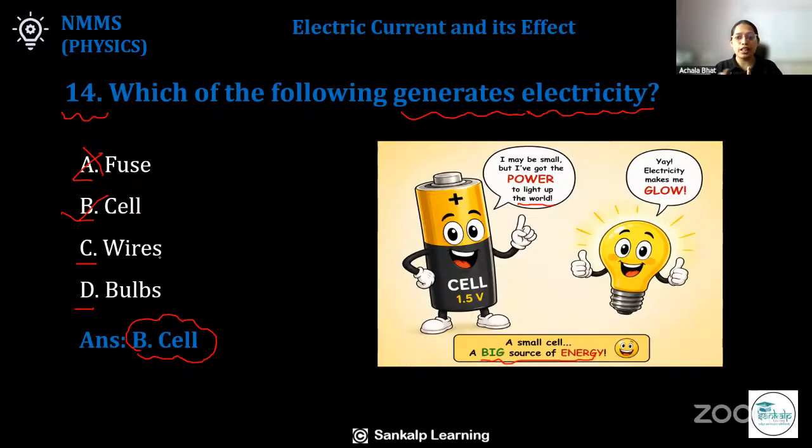Wires are just like roads for transportation. They allow electricity to pass through them. D, bulbs. Bulbs are wrong. They convert electric energy into light energy. They don't generate electricity. Correct answer is option B, cell.